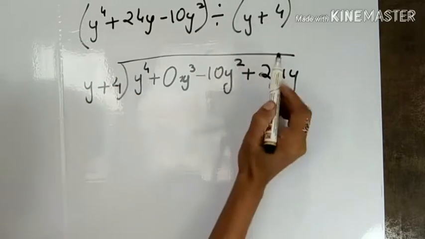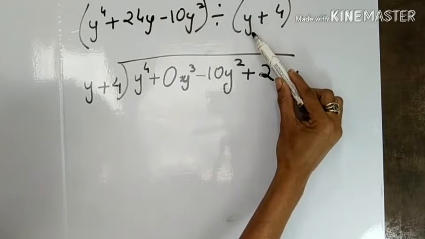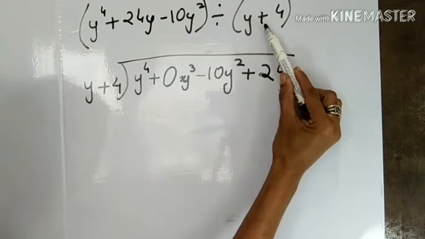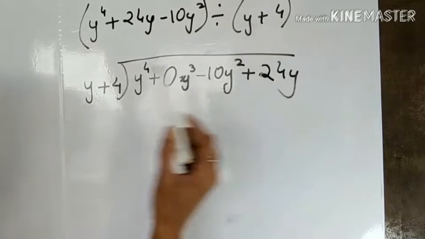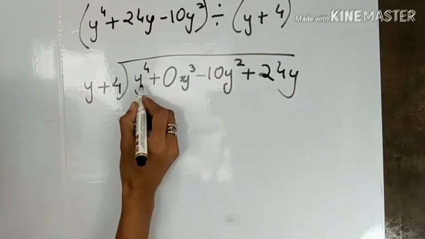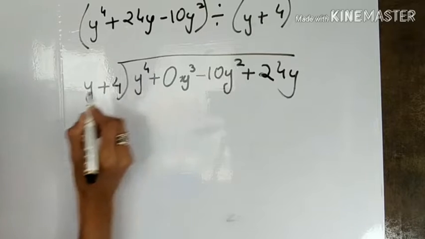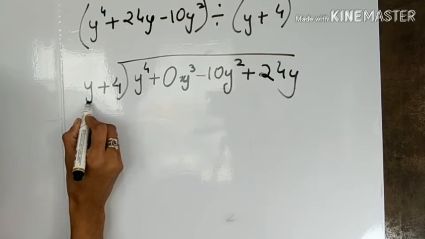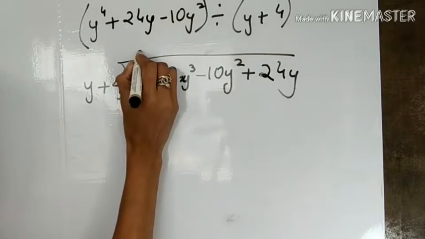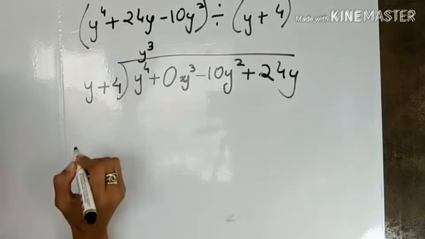Again, in the divisor as well, you have to consider. So the maximum index is 1, and this is already arranged in the descending order. Now, if you start dividing, consider the first term. So you have y raised to 4, whereas in your divisor, you have y. So I'll be multiplying with y cube.